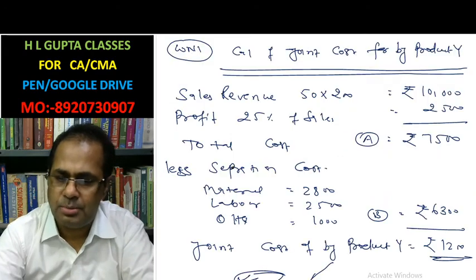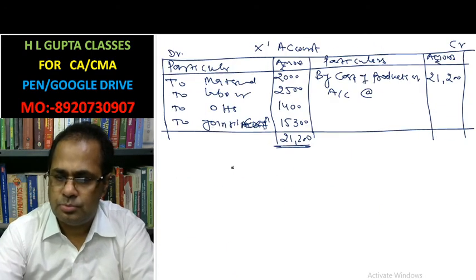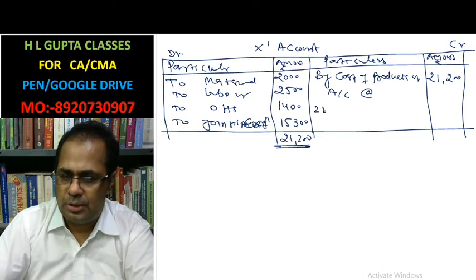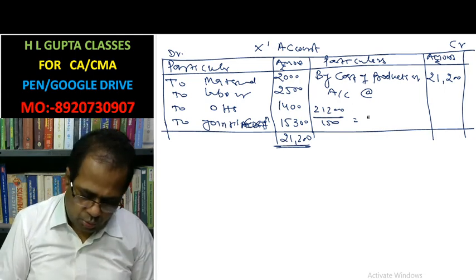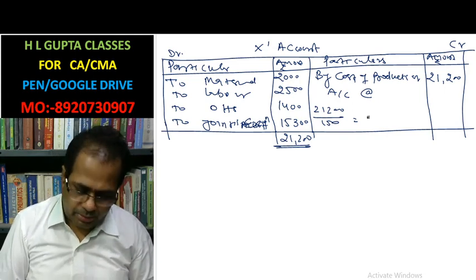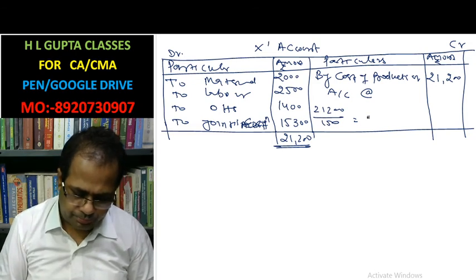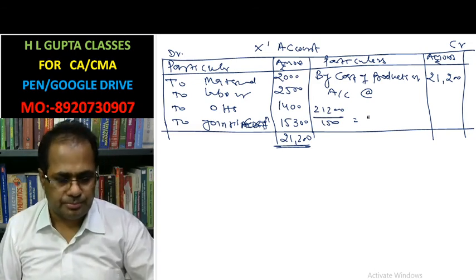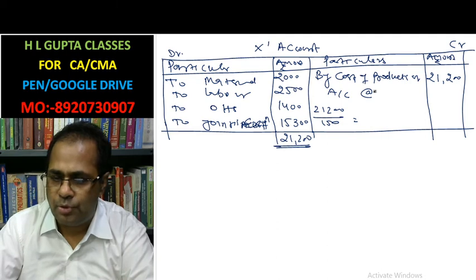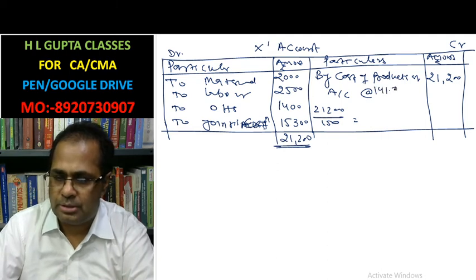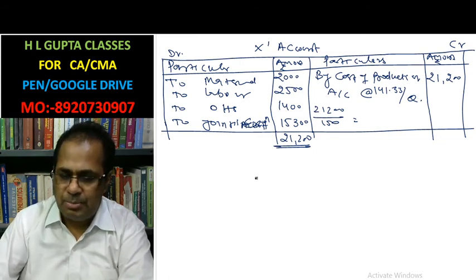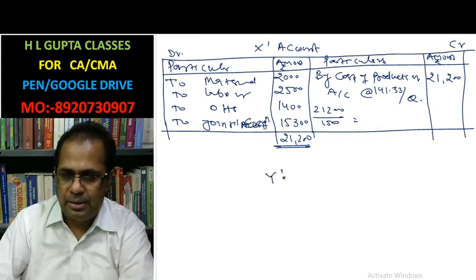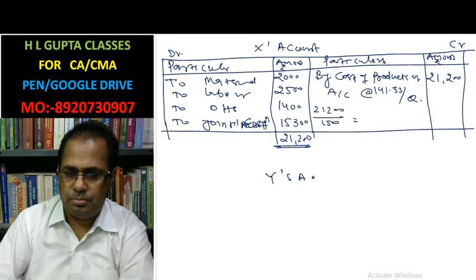What will be the rate? 21,200 divided by 150 is 141.33 per quintal.